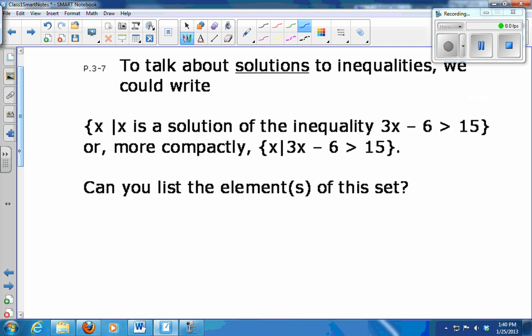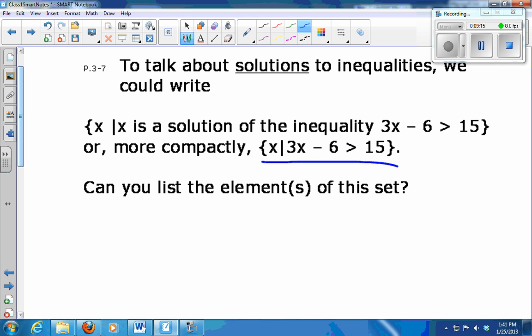So to talk about solutions to inequalities, we can use set builder notation. So let's say I write out the set of all x such that x is a solution to the inequality 3x minus 6 is greater than 15. Or more compactly, I could just write the set of all x's such that 3x minus 6 is greater than 15. So what elements are in this set?